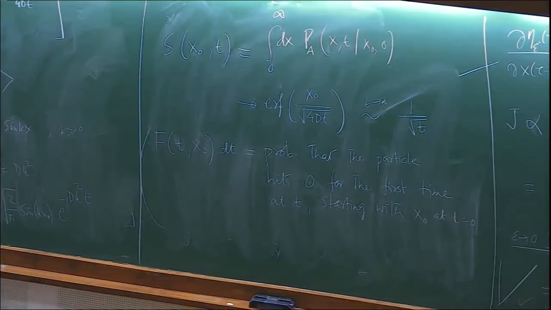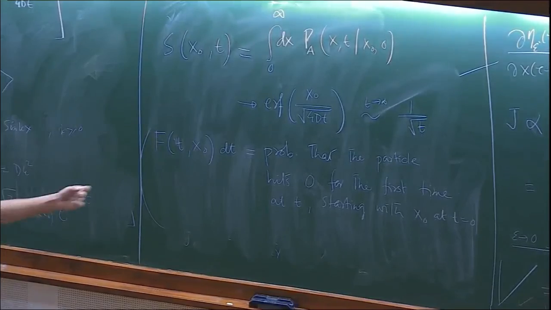Basically this particle moves. When is the first time it hits the origin? It's the first passage time, and what is the distribution of that time?